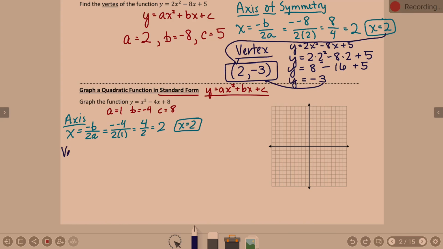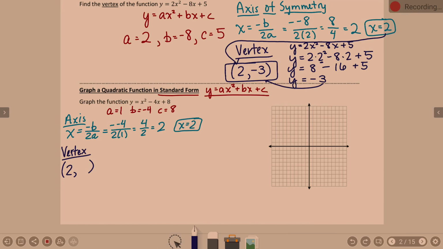Once you know the axis, you can find the vertex. If I asked you the vertex right now, what do you know? It's 2 something, right? Okay, I automatically know that. How do I find something? Okay, we're going to plug it in.